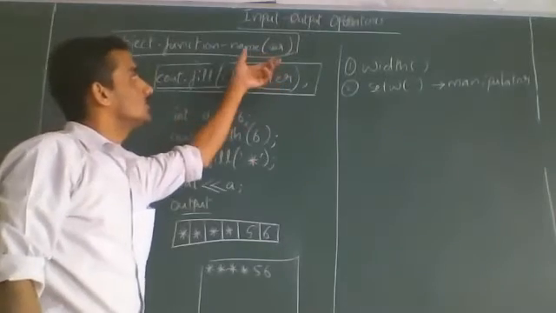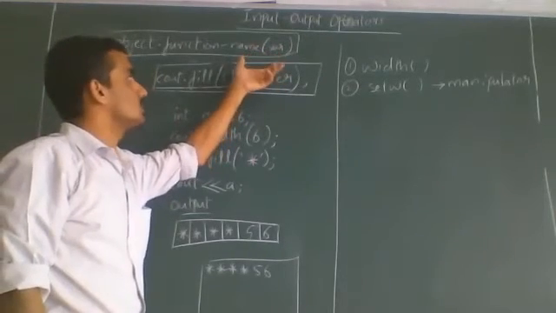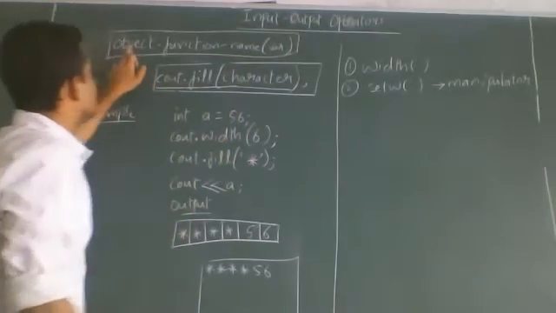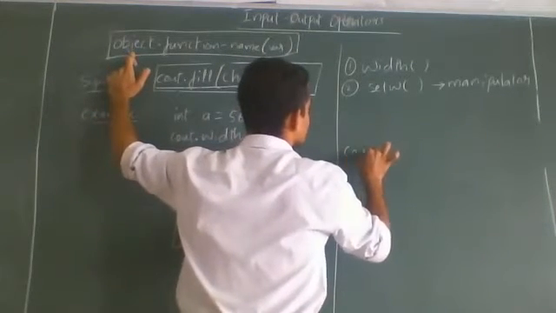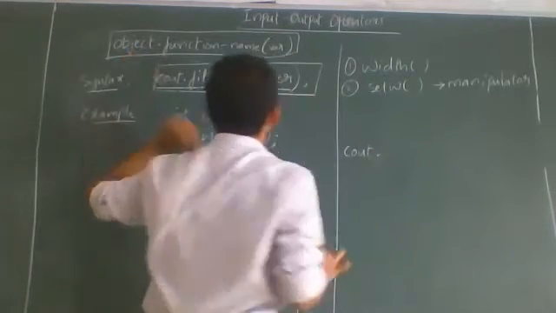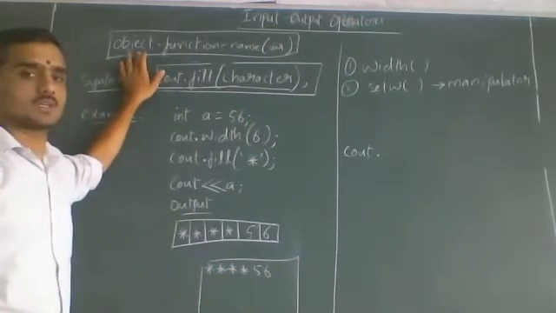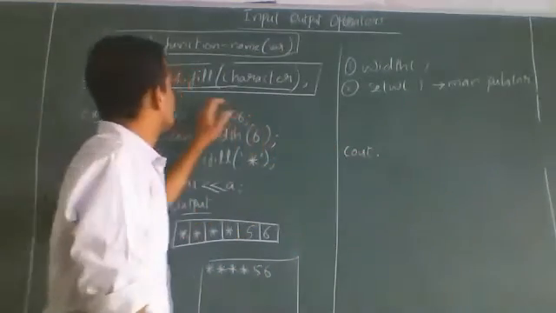We will see an example of how we can write it. In this case, cout is the object. Then after that the dot will come. Cout dot function name.